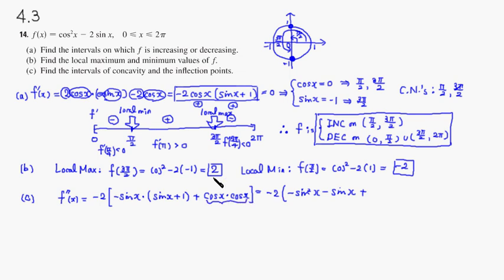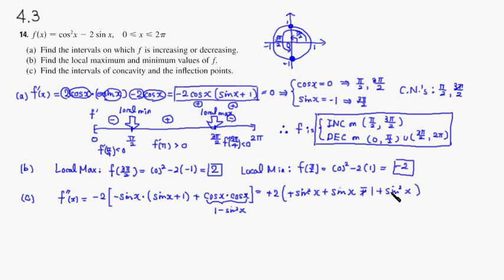Everything is written in sine, so cosine squared is the same as 1 minus sine squared of x, so I'll put that in. I'm going to incorporate this negative sign, so this becomes positive, this positive, this negative, and this positive.